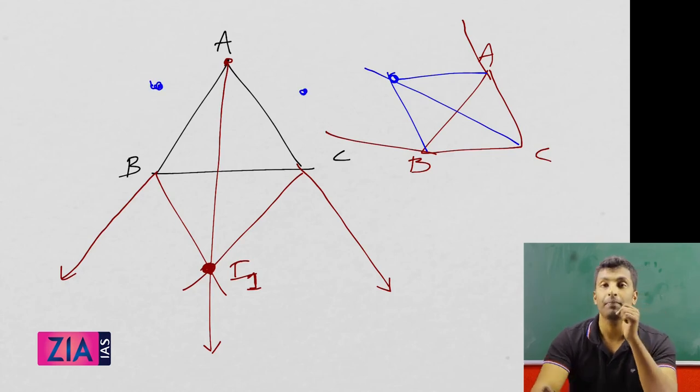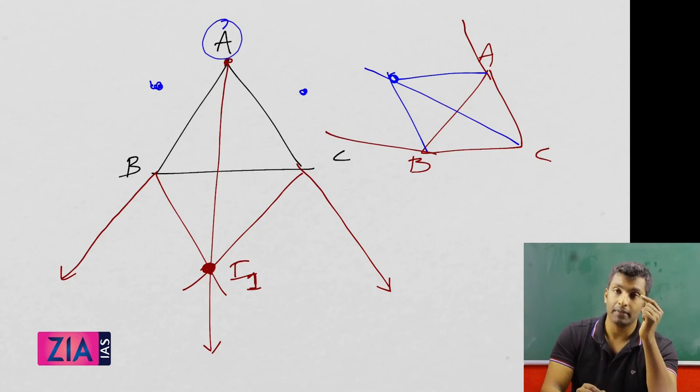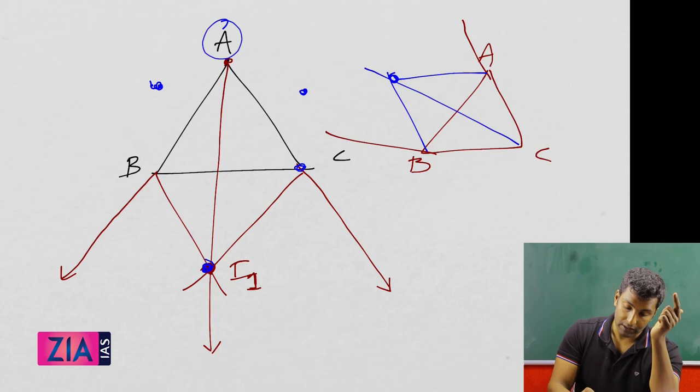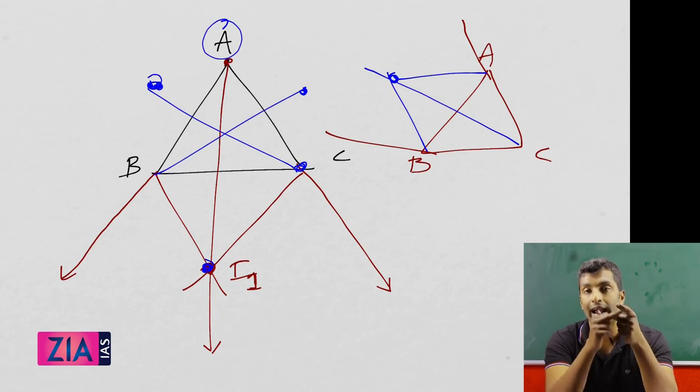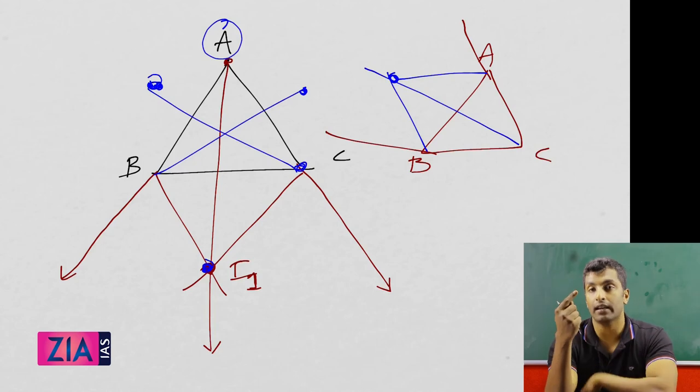Similarly, corresponding to each vertex, corresponding to A, you have an Excenter. For C you will have an Excenter here. For B also you'll have an Excenter here. So unlike Centroid and Incenter, there are three Excenters, corresponding to the three vertices A, B and C.